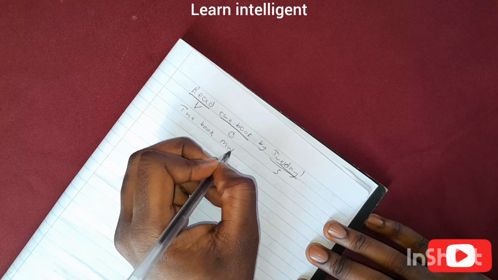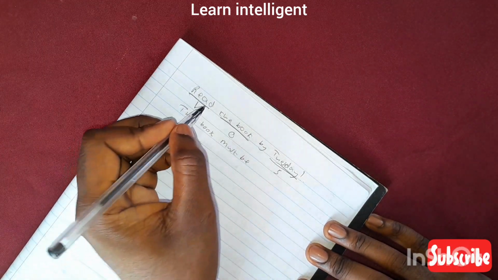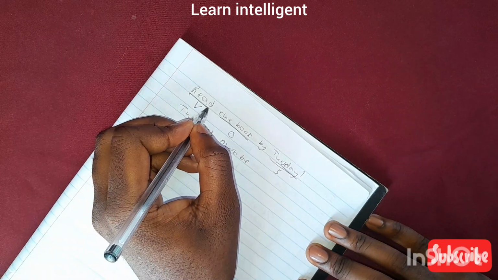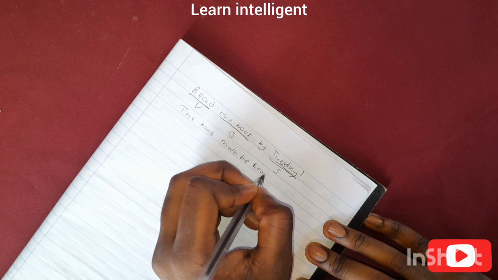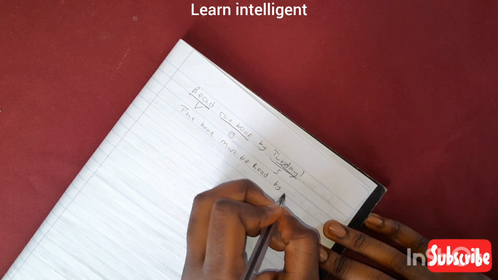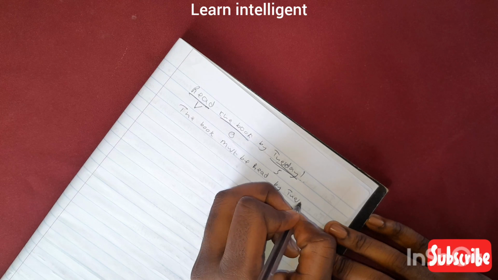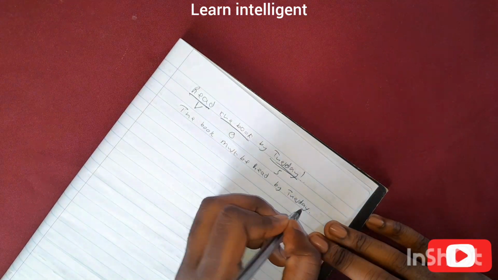Then we add must be, and we change our verb to past tense: read. Then we end with by Tuesday. The book must be read by Tuesday.